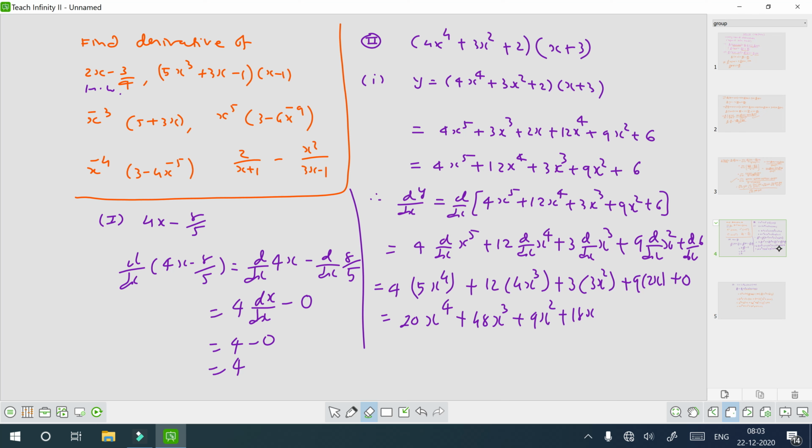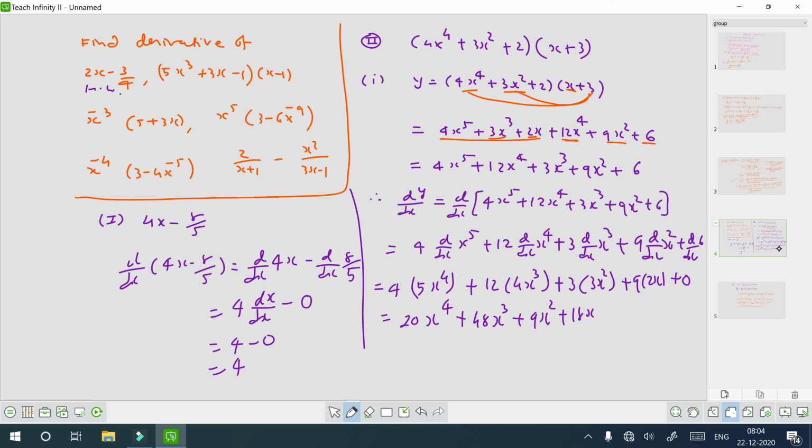See, at last what we return? 4x raised to 4 plus up to this stage 2x. Now 4x raised to 5, 3x cube plus 2x. Now 4 3s are 12x raised to 4, 3 3s are 9x square plus 6. Clear? In this way.